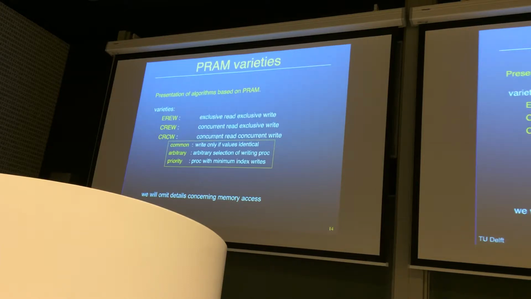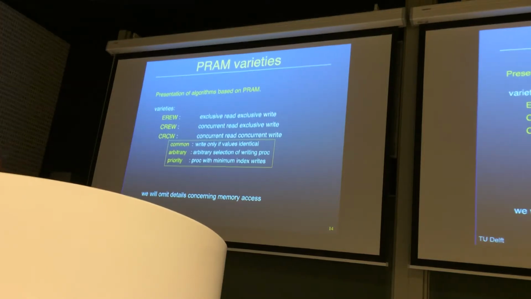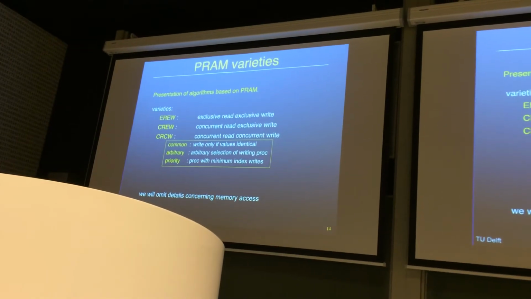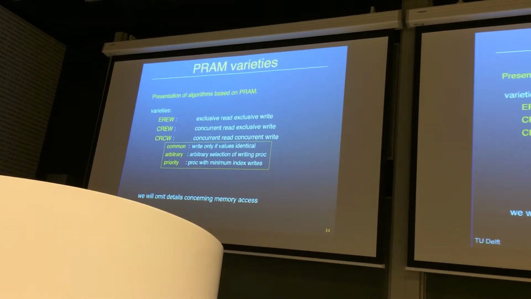So this is a special conflict resolution rule based on an arbitrary selection, and we have the priority rule where the processors are assigned priorities, and the highest priority processor active to write is granted access to the common memory. And we will analyze some of these algorithms using these rules.